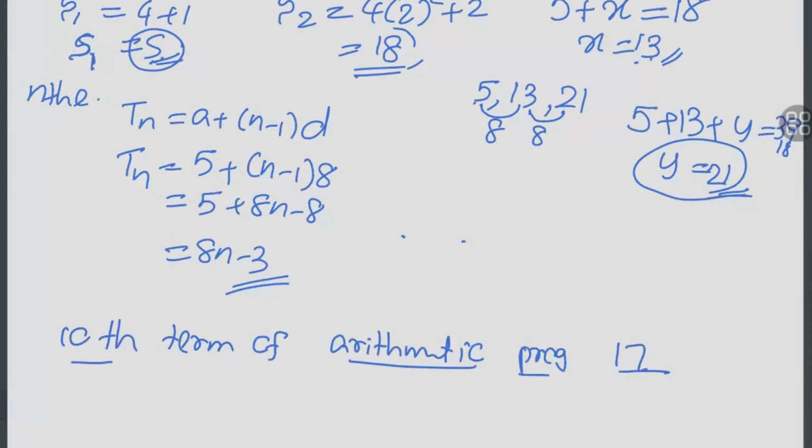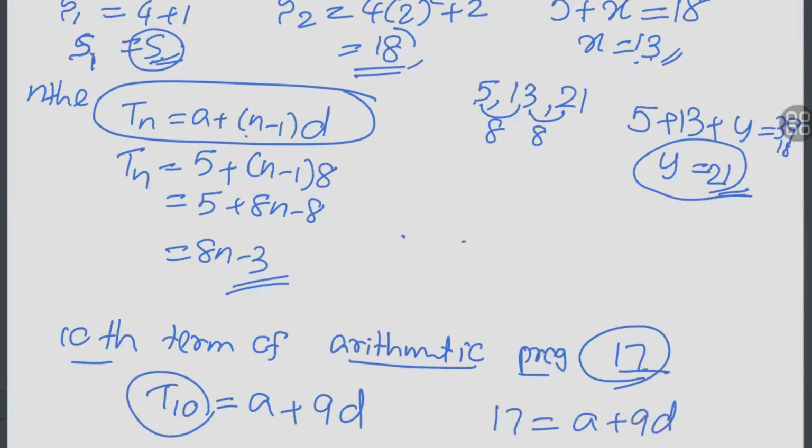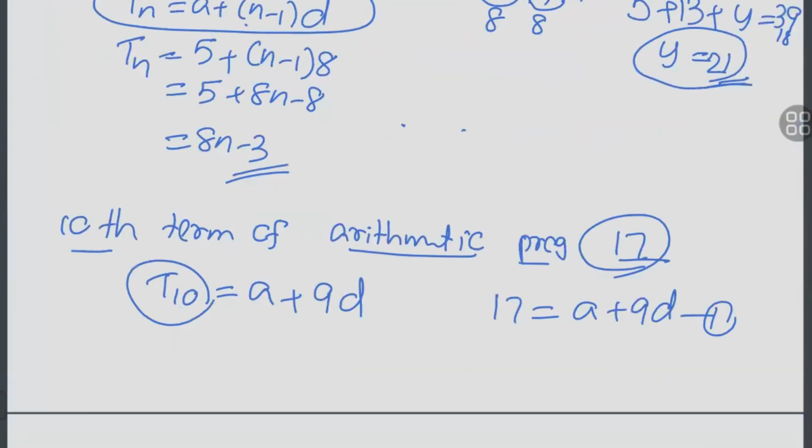How do you write this? Use straight away T10 equals a plus, 10th term, 10 minus 1, 9d. The 10th term is 70, so write 70 equals a plus 9d. Right? Then they have to give another piece of information, because there are two unknowns.